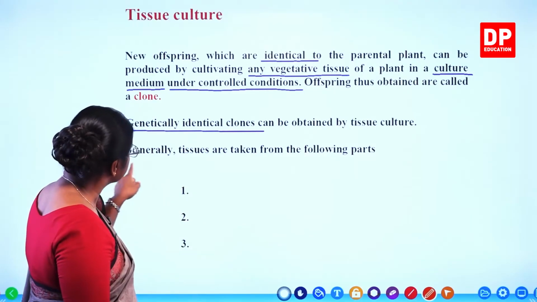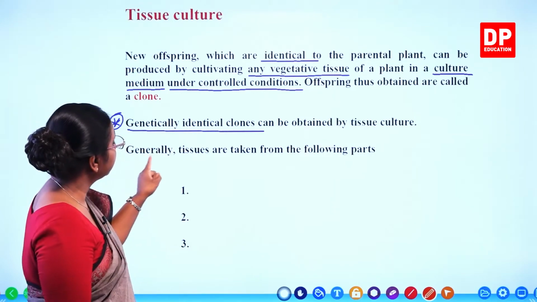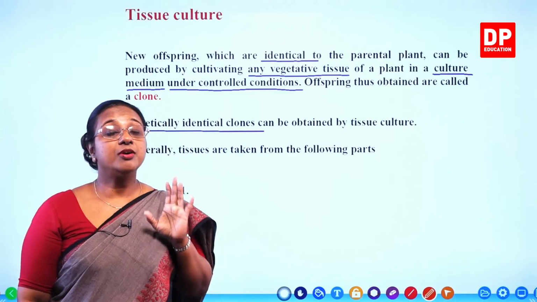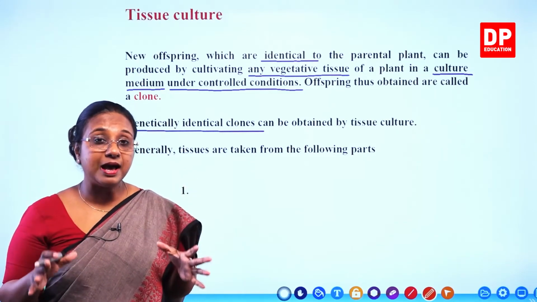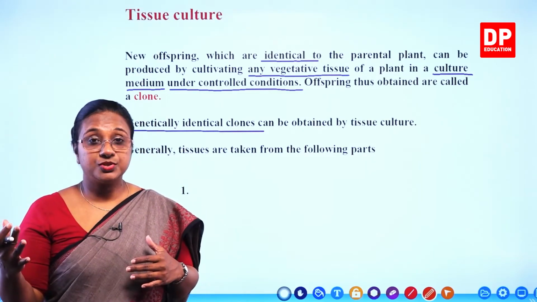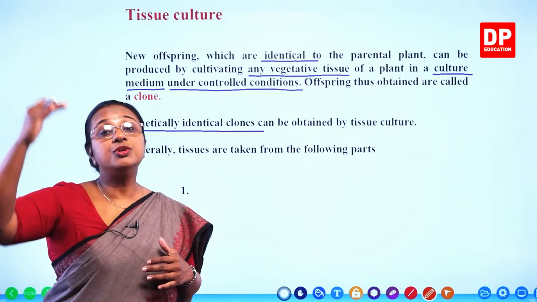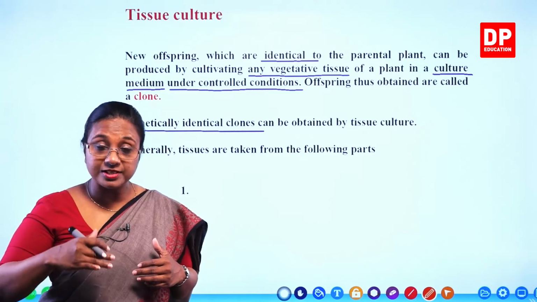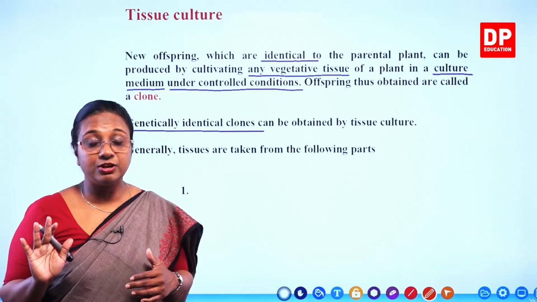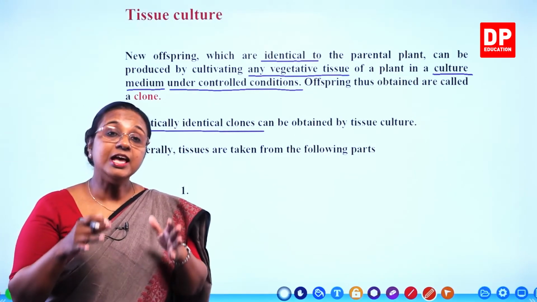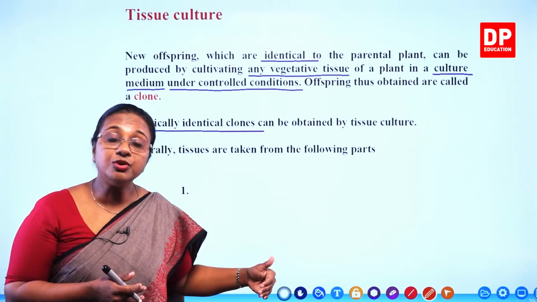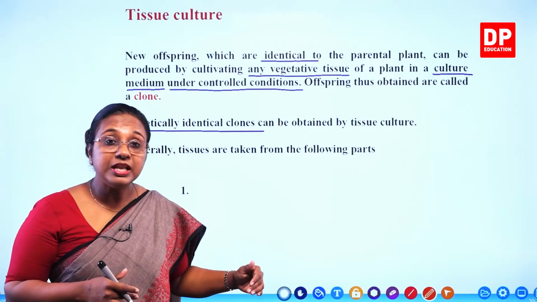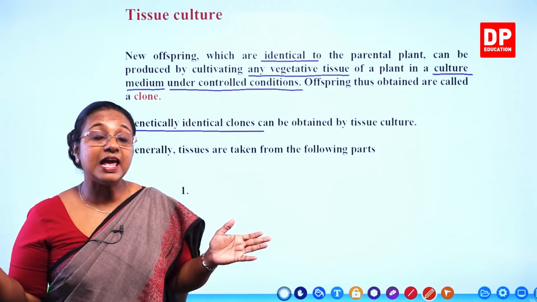So, in tissue culture, generally tissues are taken from the following parts. Now, you all can remember, students, in a plant, normally the shoot grows. So, it is the shoot apex that is responsible for the increase in height of the plant. The same way, the root tip also grows. So, it can be shoot apex or shoot tip, root tip, and also the lateral buds.